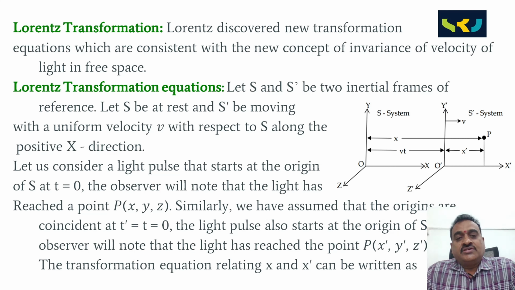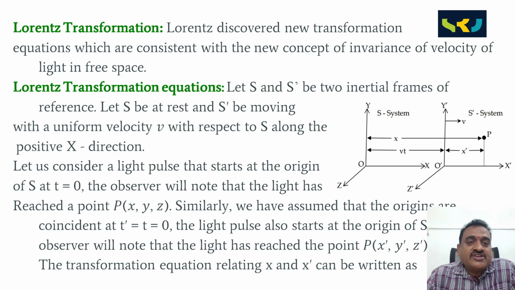and the Lorentz transformation equations. First of all, what is Lorentz transformation? You can see on the PPT, Lorentz discovered new transformation equations which are consistent with the new concept of invariance of the velocity of light in free space, called the Lorentz transformation.